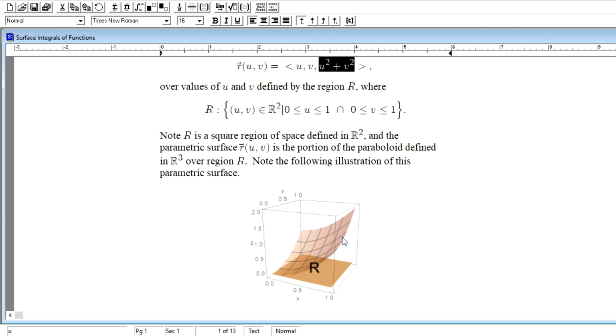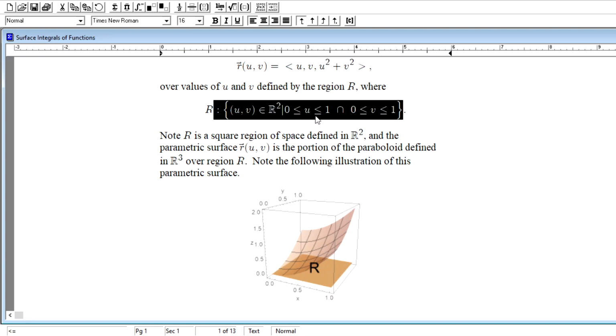I should really say paraboloid shape over this region R in 3 dimensions. This portion of this paraboloid becomes our parametric surface defined over this region of R.